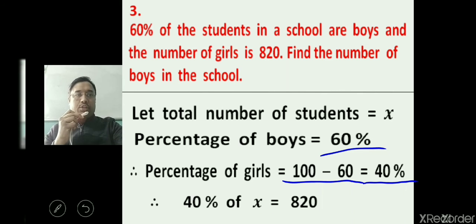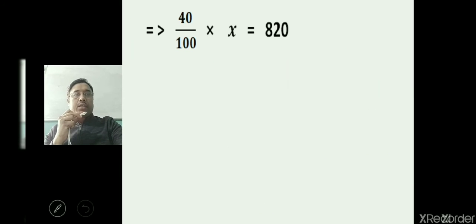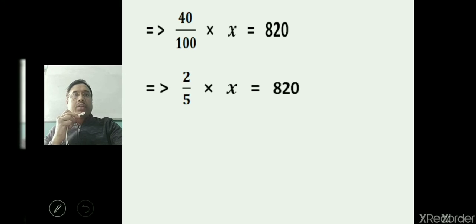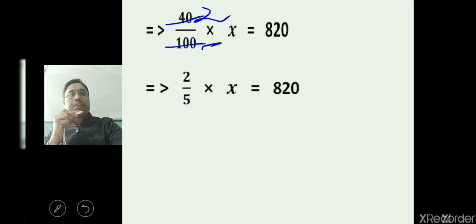When you remove the percentage sign, you replace it by 1 by 100. So it is 40 by 100 into x is 820. That means 40 by 100, you cut by 20: 2 times, and 5 times. So it comes to 2 by 5 into x equals 820.